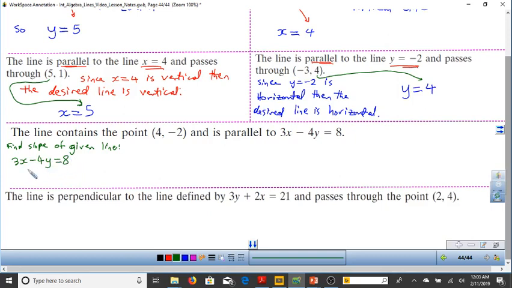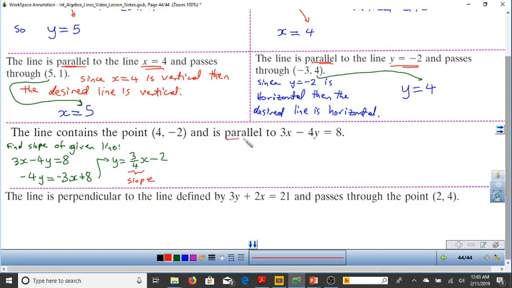To find the slope, I just solve for y. So I subtract 3x from both sides and then divide by -4. So we get y is equal to -3 over -4, which is positive 3/4 x minus 2. The slope here is 3/4.